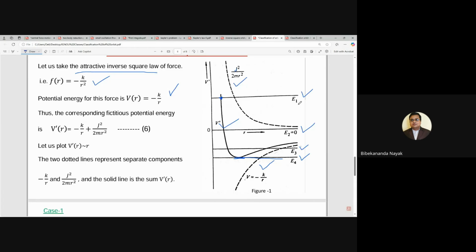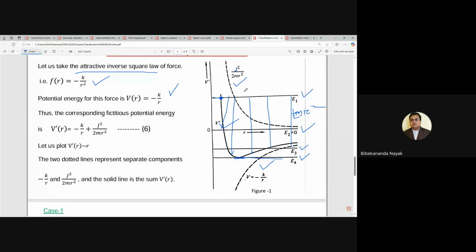If the particle has energy E1, here we have this V prime graph, here it has a kinetic energy. This is T or half m r dot square. We know E is equal to half m r dot square plus V prime R. So this difference is equal to half m r dot square. It has a kinetic energy, it is moving, and when coming to this point, it cannot go beyond that because your total energy becomes potential.